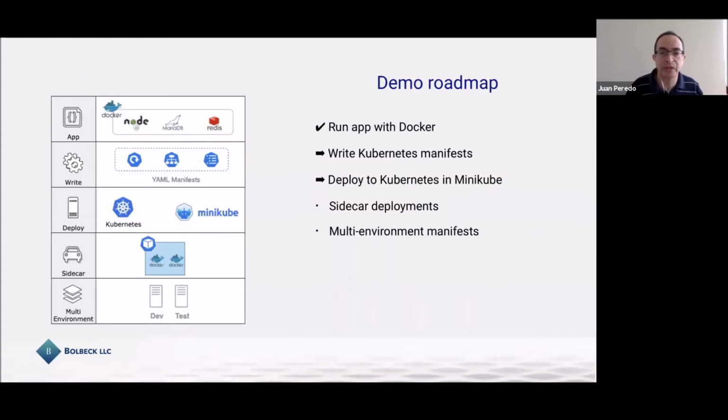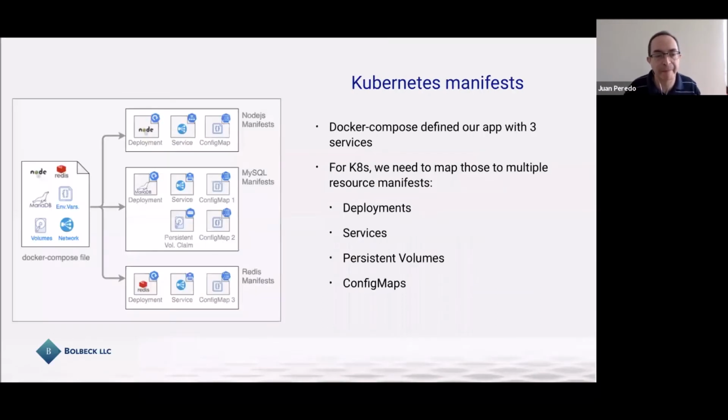All right, so we just ran our application in Docker Compose. Now let's see how we can do the same thing for Kubernetes. We can see that while we've defined everything in Docker Compose so we can run it in Docker, we can do the same thing with manifests for Kubernetes. So we're going to create deployments that will contain our images running in pods.